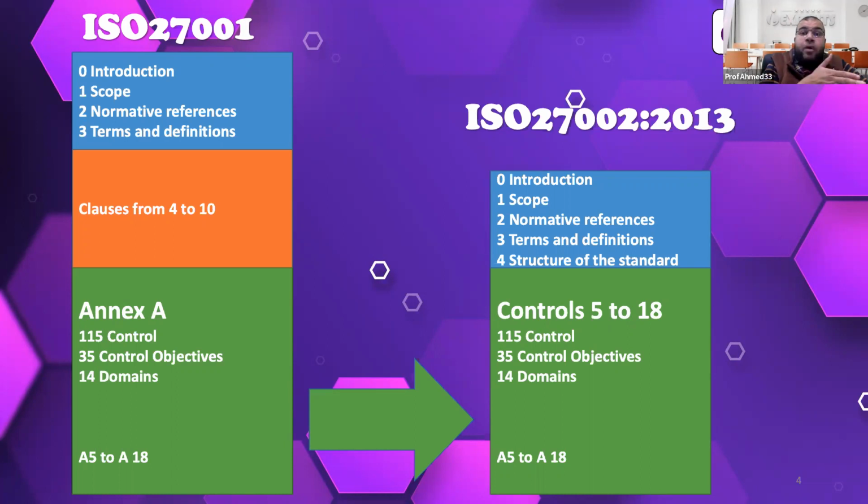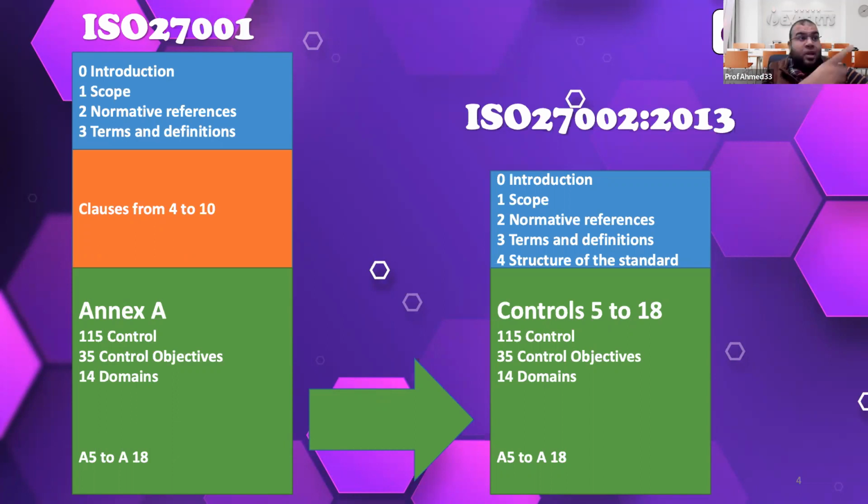And we have 6 sections from number 4 to number 10. Clause here, this is a high-level statement regarding risk management, and these clauses regarding the PDCA: plan, do, check, act. And we have many graphs that can describe it for us.